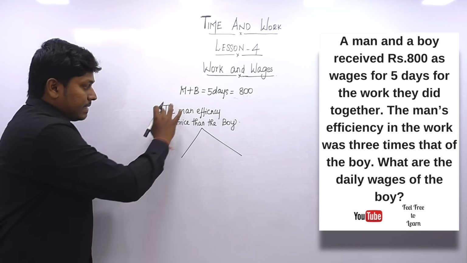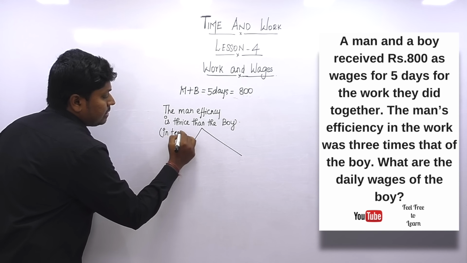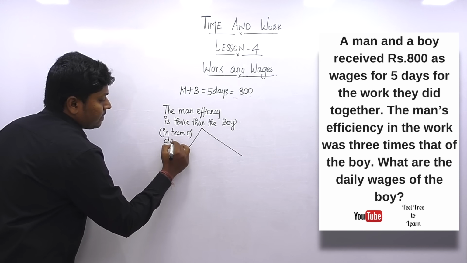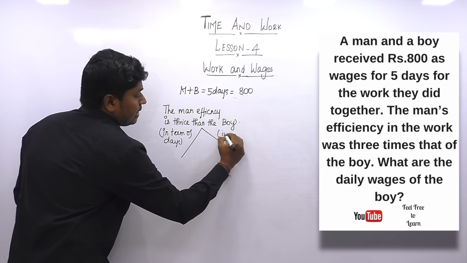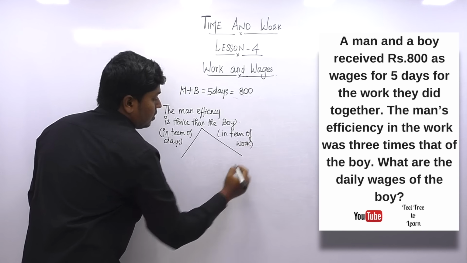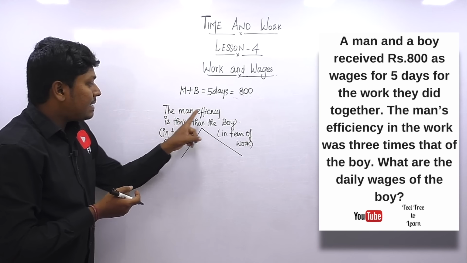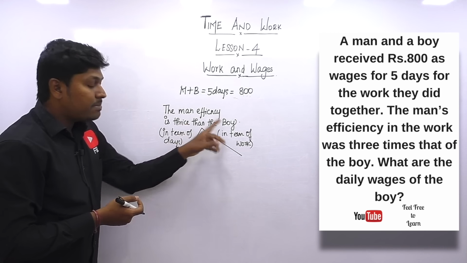Listen here, if the same point is asked in terms of days, and on the right side in terms of work, you should not make a mistake while writing the ratio. A man's efficiency is 3 times that of the boy.